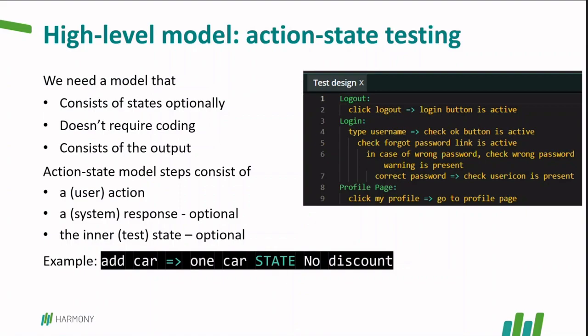In the model, we have action state model steps, and each step consists of a user action that is obligatory, a system response, which is optional because there is no need to validate after each action, and a special state, a test state, that is also optional.